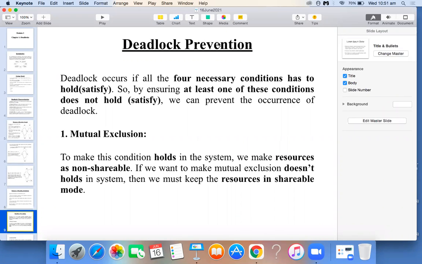Now, for deadlock to occur in our system, there are four important conditions. Can anybody tell what are those four important conditions for deadlock occurrence? Unmute yourself and tell.